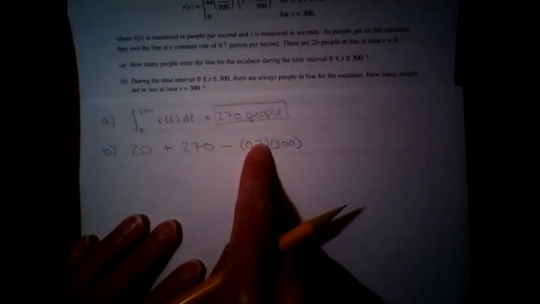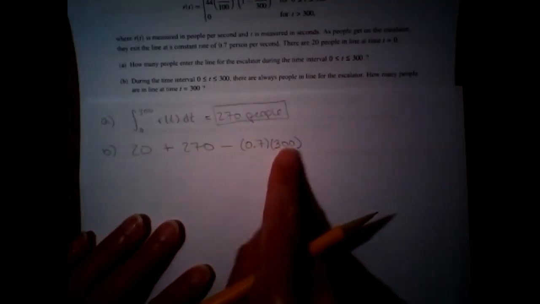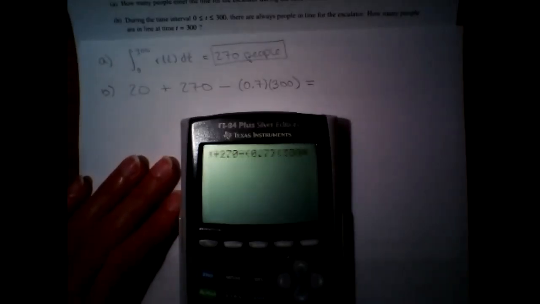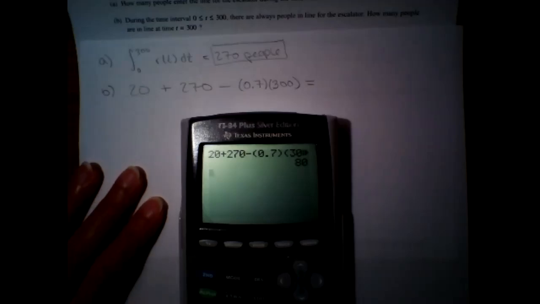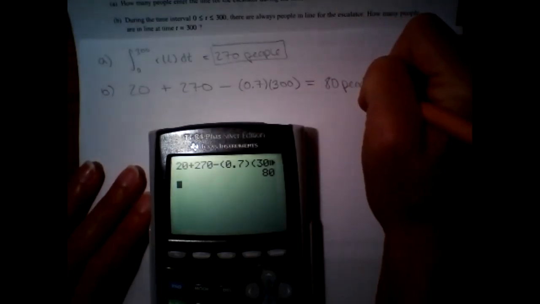So we started with 20. 270 people got in line, and we're subtracting out. They leave at a rate of 0.7 people per second, and we're doing this for 300 seconds. All right, so typing that in, we have 20 plus 270 minus 0.7 times 300, and so we have 80 people in line at time 300.